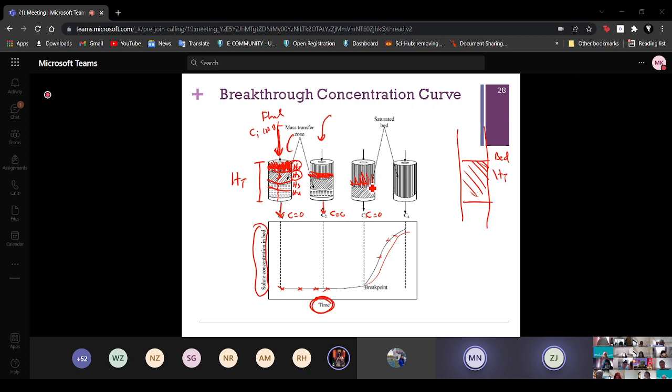So section 1, section 2, section 3 are all saturated. But the good thing is your outlet is still zero. Right? And now you feed in, you know that section 1, 2, 3 are all saturated, so now they move to the last section, section 4. Okay. What happened?